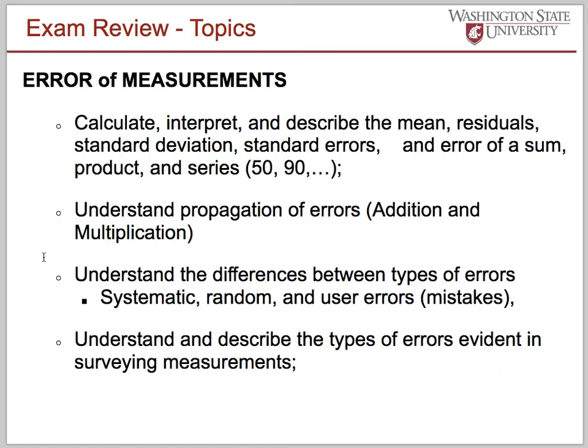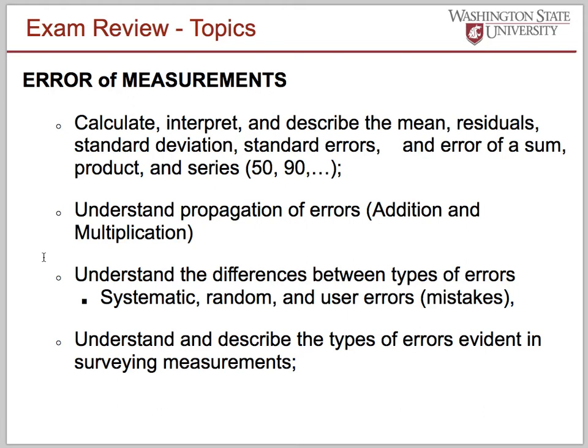For random error, this is eyesight, or the limitation on optics, where we can't really account for that with a calculation, but you can account for it with probability and statistics. And then user errors, this is just when somebody makes a mistake and there's no way to really back out that, because we don't know exactly what that mistake was.